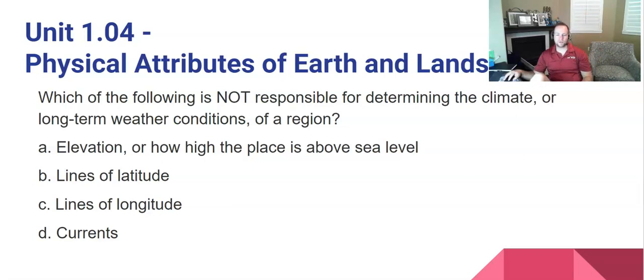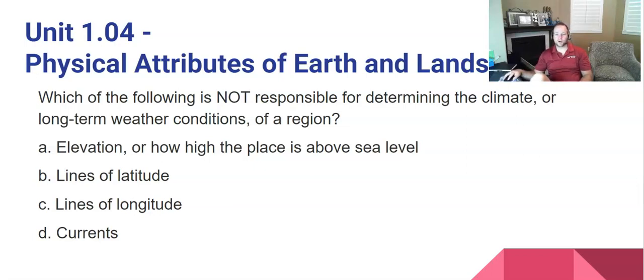above sea level. Lines of latitude. Remember what lines of latitude is, like how far away you are from the equator. Now let's think about the equator. Is it warm around the equator, or is it not? Okay, so think about that. And then lines of longitude. Okay, lines of longitude are the ones that just kind of run from pole to pole.